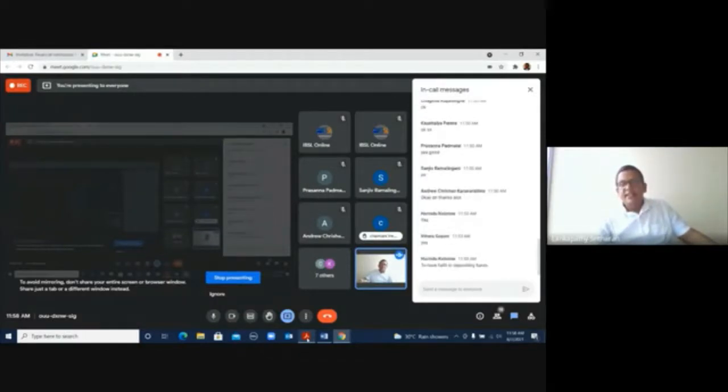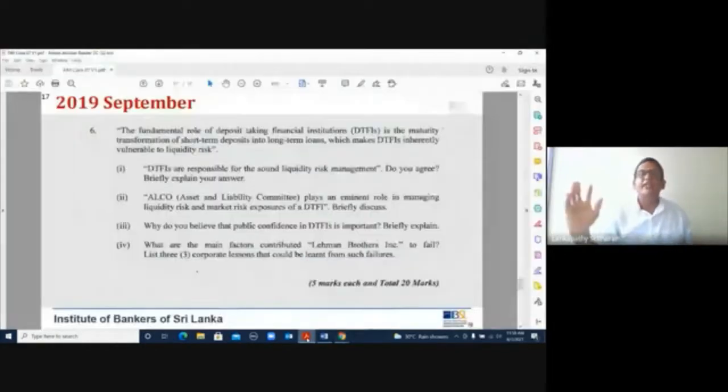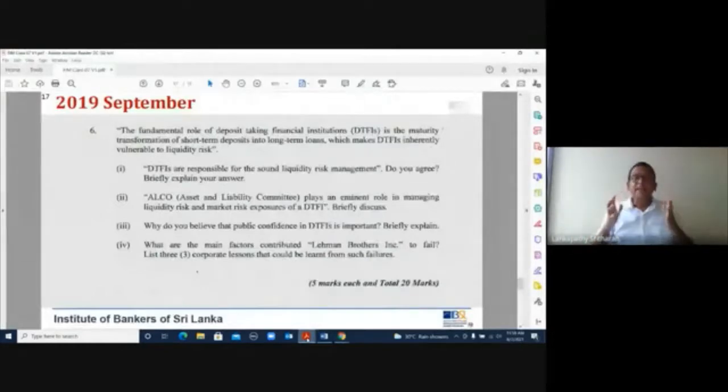Yes, they need faith in depositing funds, of course, because I have explained to you all that the banking business, unlike other businesses, mainly runs on the depositors' money. The depositors deposit the money because of the confidence that this bank will be there and will function for a long period.